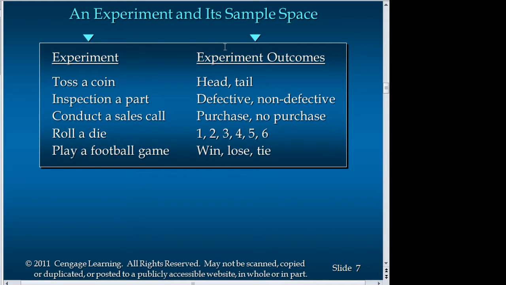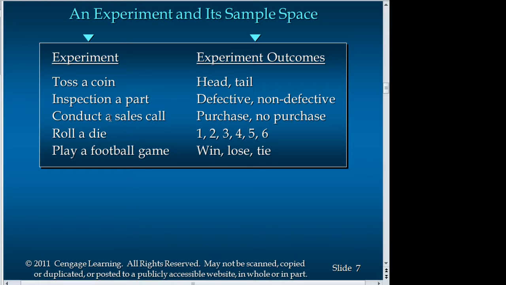So, they have an example. Toss a coin as experiment; head or tail is the outcome. Inspect a part: you have either defective, something's wrong, or non-defective, no error. You have two outcomes.